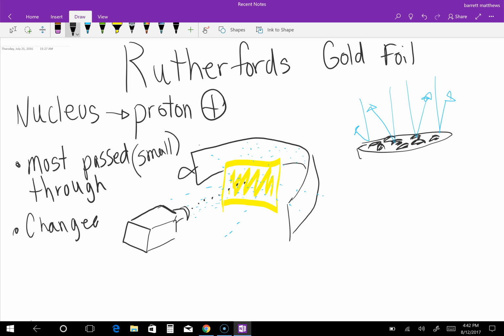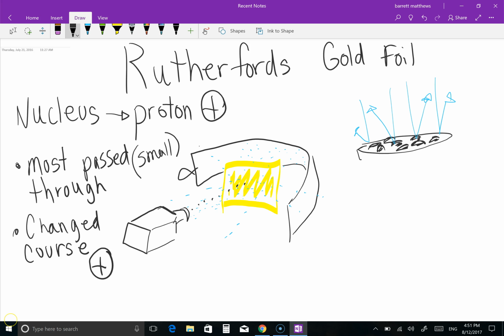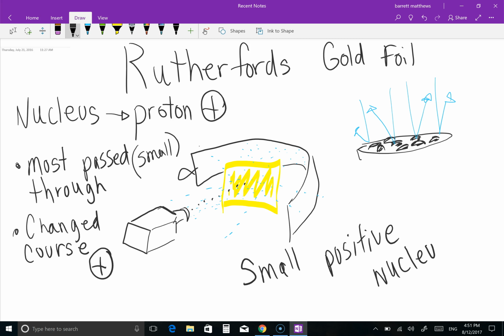Many of the particles changed course. Since the alpha particles are positive, he knew that whatever they were encountering must have been positive also. Therefore, he knew that there was a small positive center to the atoms of gold foil. Later, we would find out that in that small positive center, or nucleus, there would be a proton giving it the positive charge.